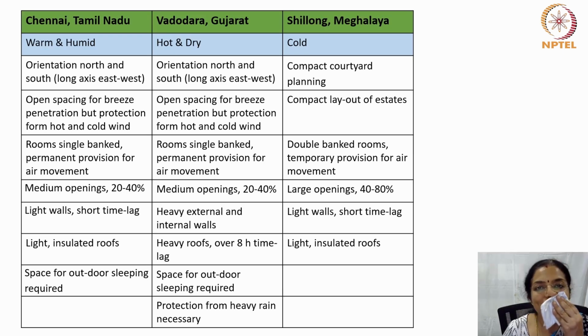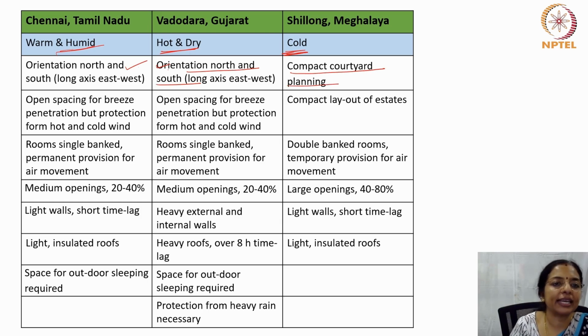Now, if you see the comparison, we see Chennai is warm and humid, Vadodara is hot and dry, and Shillong, Meghalaya is cold. Now, for warm, humid and hot, dry, it says orientation should be along north and south. Whereas for Shillong, it says compact courtyard planning. For warm, humid and hot, dry, it says open space for breeze penetration but protection from hot and cold winds. The same for Vadodara.